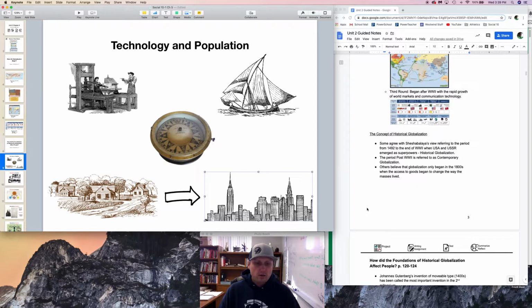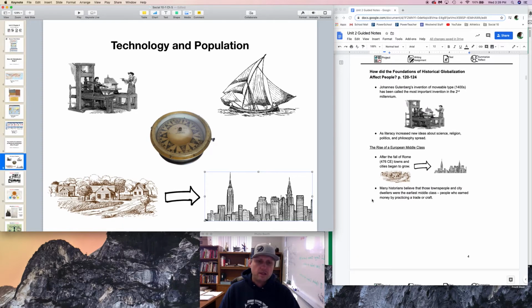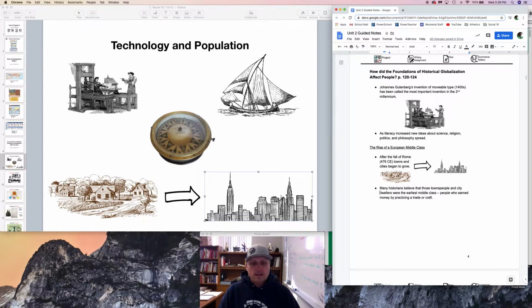So in your notes on page 4, I would highlight some of those inventions. Many historians believe that a middle class was the emergence of evidence of this trend of turning into a more globalized world.